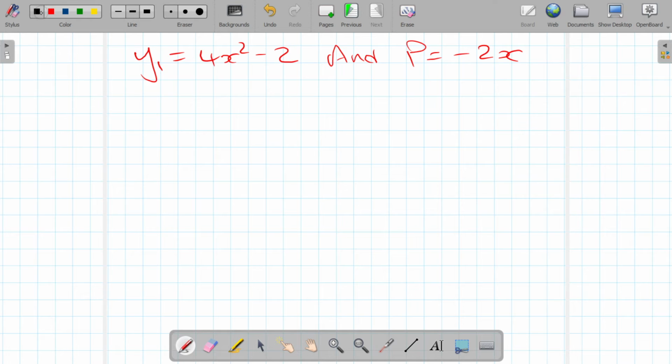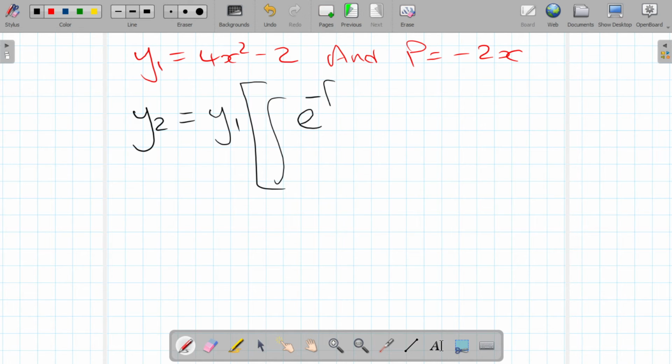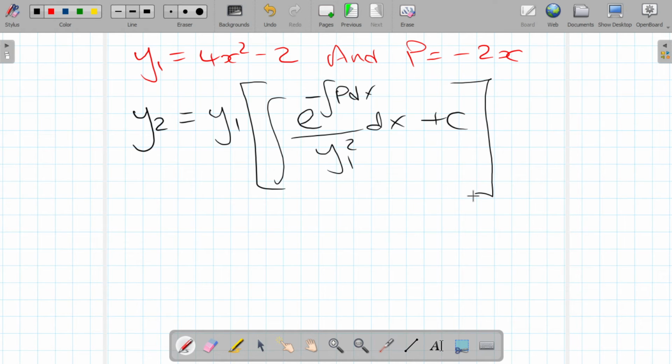So y2 becomes, and if you remembered, it was of the form y1 times, in brackets, the integral of e to the minus the integral of p dx divided by y1 squared dx plus c. And I'm just repeating that. Let me see if I can squash it more onto the left-hand side, and then I can use some of the space towards the right, and then we can see things more clearly.